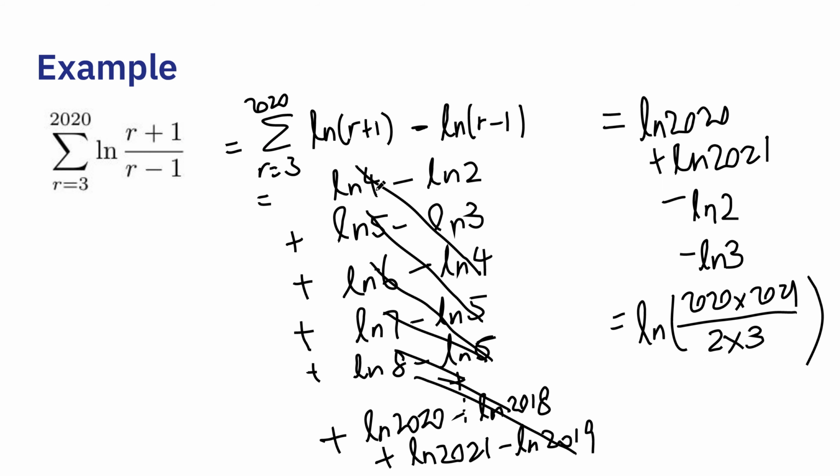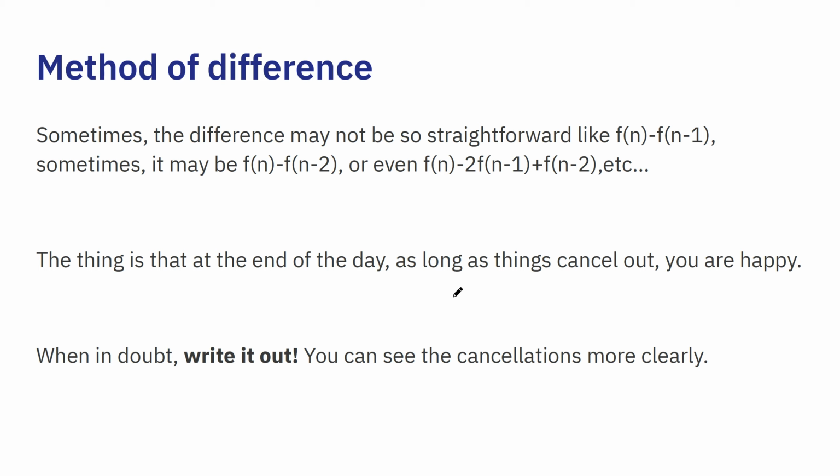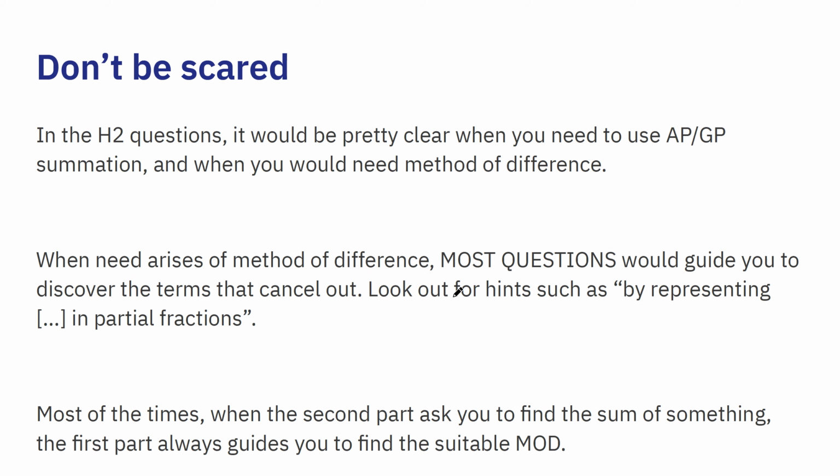The next ln 4 is only found 2 rows away. So if you don't write it out enough times, you may not find this ln 4 and may not be able to see the pattern. As long as things cancel out, you are happy. So when in doubt, just write it out. Write out many copies of the difference until you start to see a pattern, and you'll be able to see the cancellations more clearly as well.